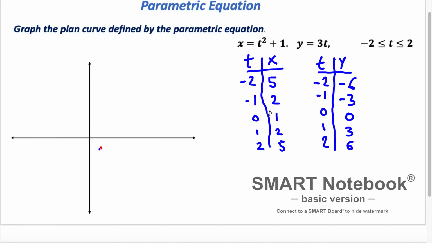For the x-axis, I have values from 1 to 5. Let me say here is 1, 2, 3, 4, 5. Those are the values I need. For y, I need from -6 to 6.